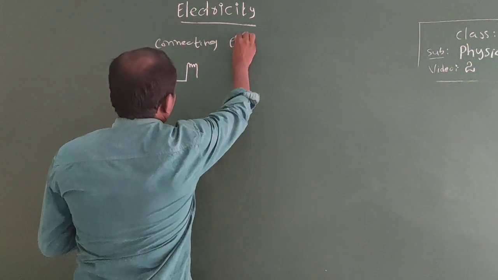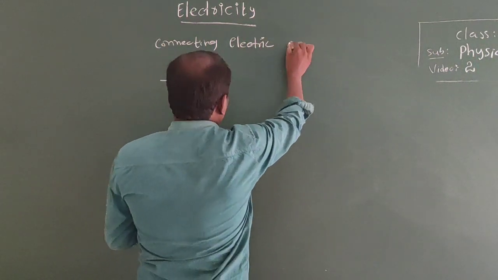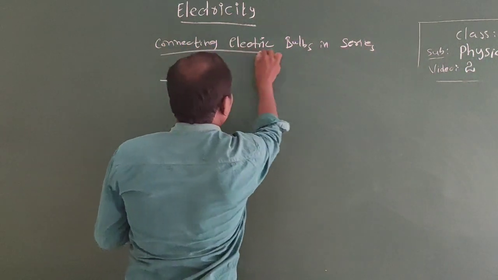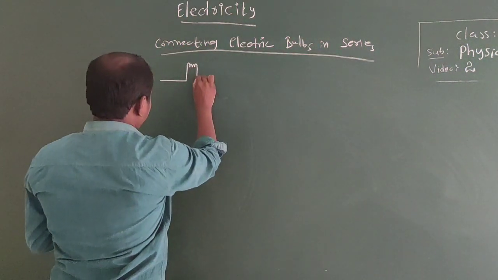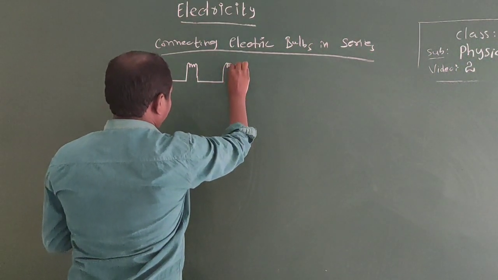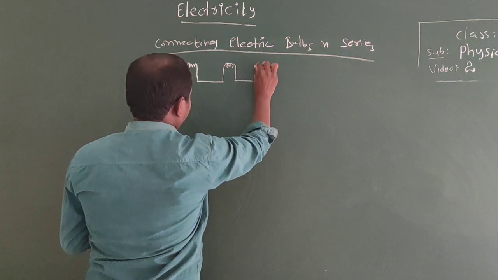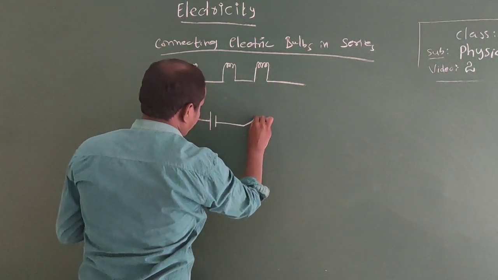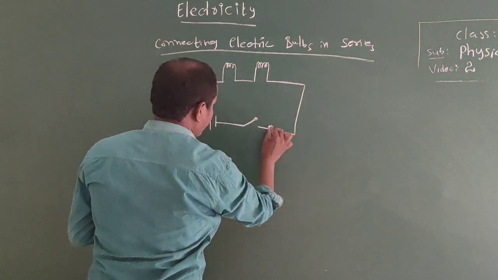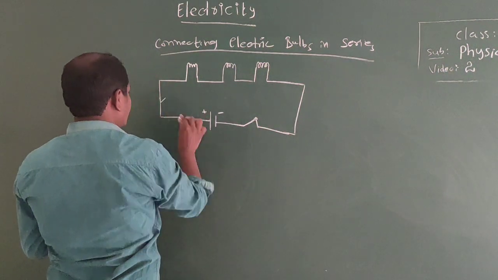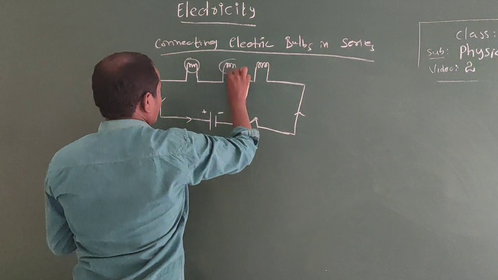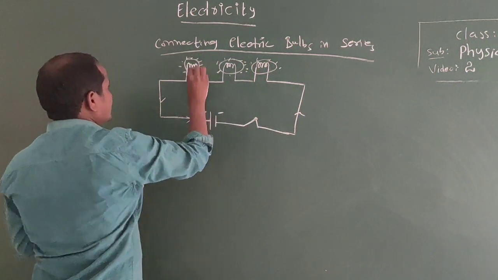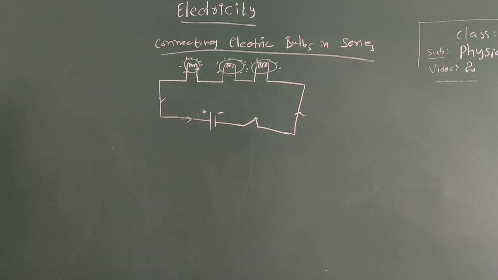Connecting electric bulbs in series. So it is a diagram for the series connection of the electric bulbs. Once observe the diagram now.